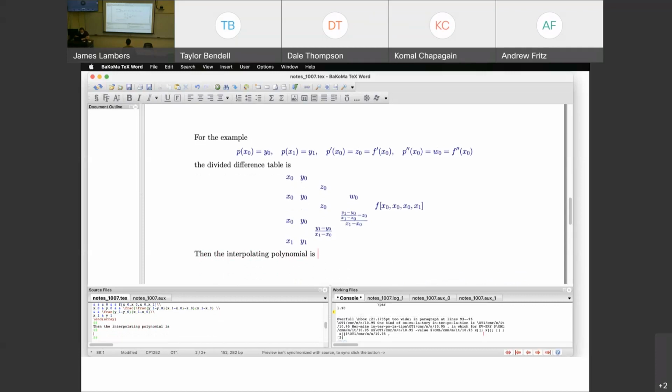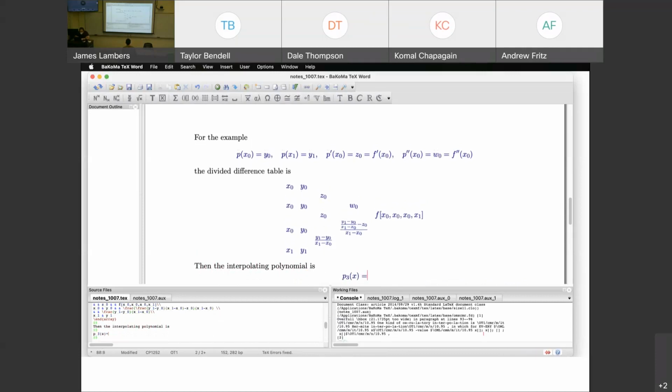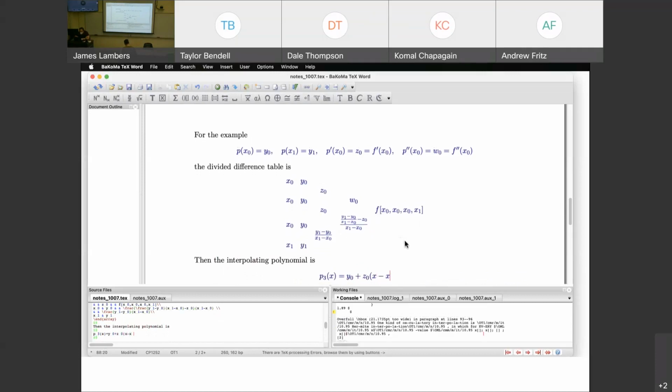So in this case, it's third degree, so P3 of x is equal to y naught plus z naught times x minus x naught, the first center here, plus w naught times x minus x naught and x minus x naught again, so x minus x naught squared, plus this third order divided difference, times x minus x naught cubed.